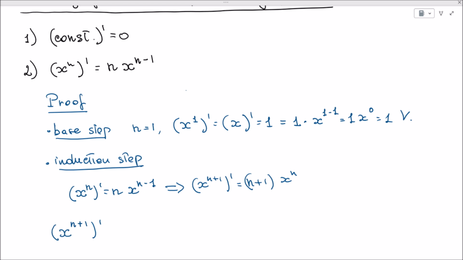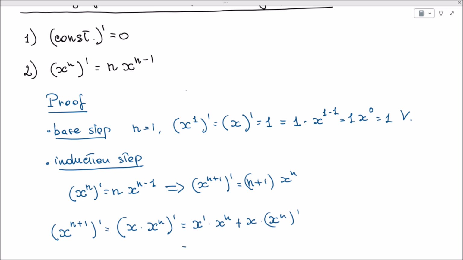I can write this as the derivative of x times x to the n, and now applying the algebraic theorem of the product, we see that this is equal to x prime times x to the n plus x times the derivative of x to the n.